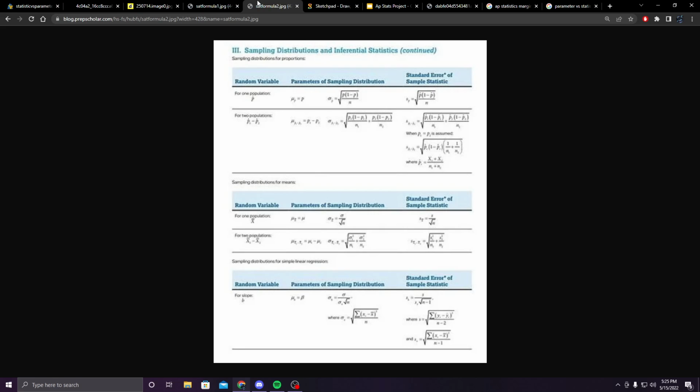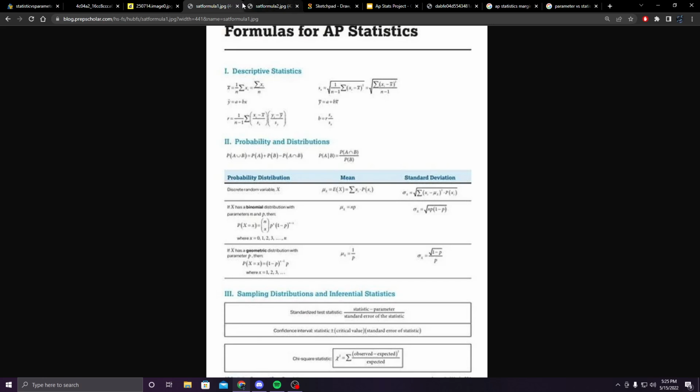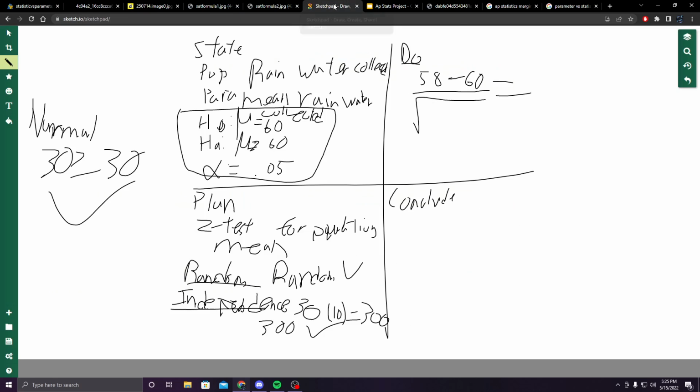I don't have a calculator on me, but you basically use this equation sheet and solve that out, and that gives you a z-score, and you use this z-score to find the percentage or your p-value.